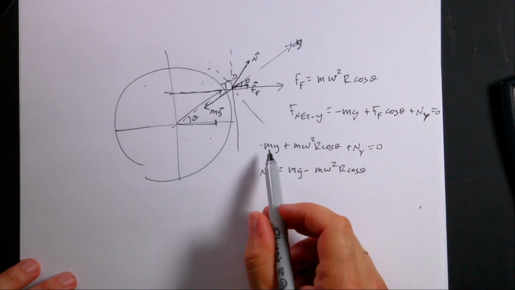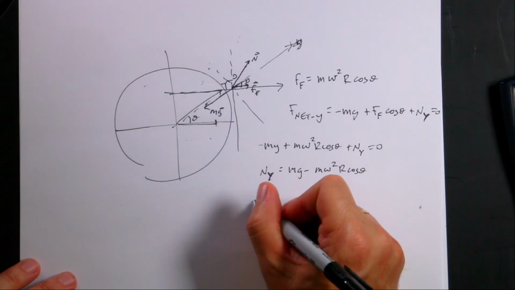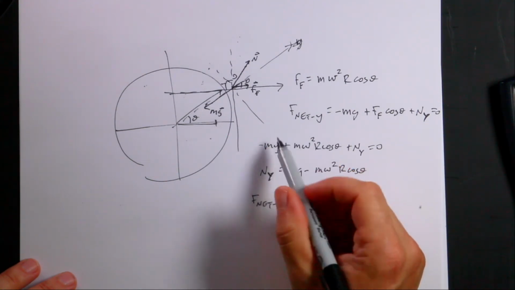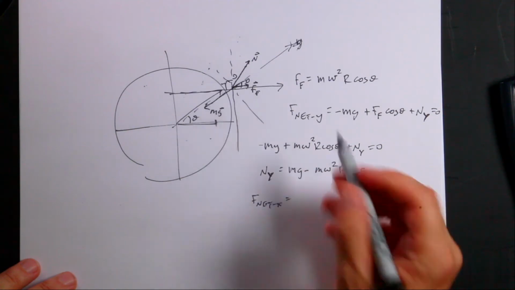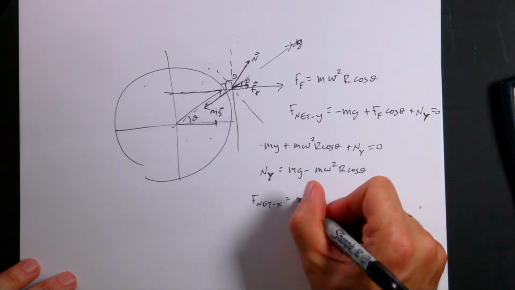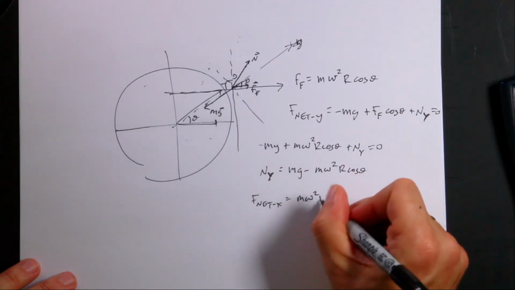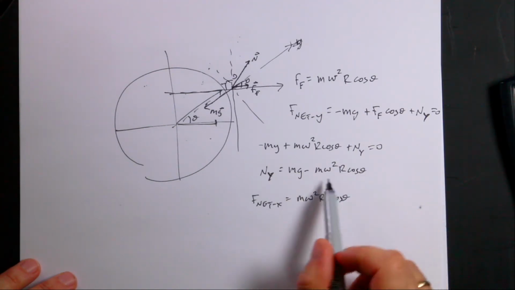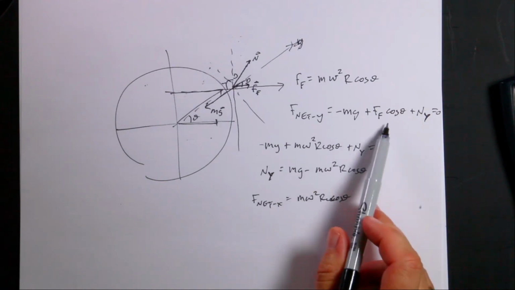Now what about the x component? So in the x direction, F net x, I have a component of the fake force. It's going to be m omega squared r cosine theta. Oh, wait, I forgot a cosine theta.